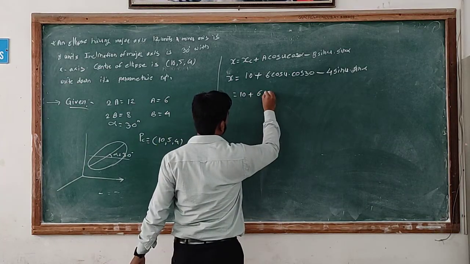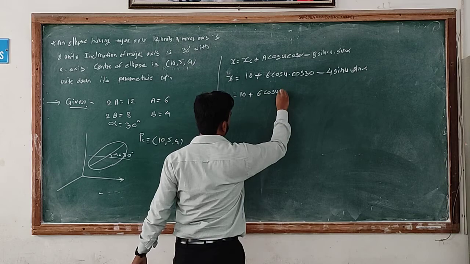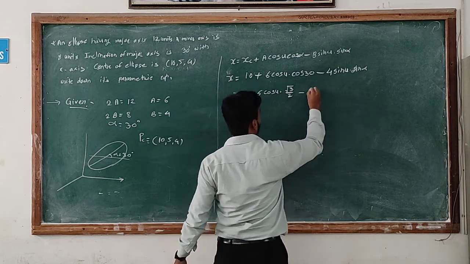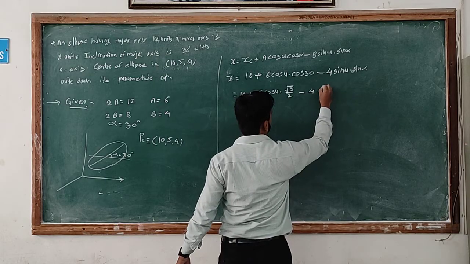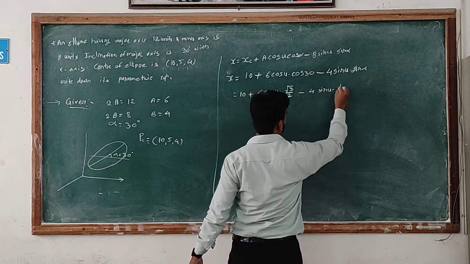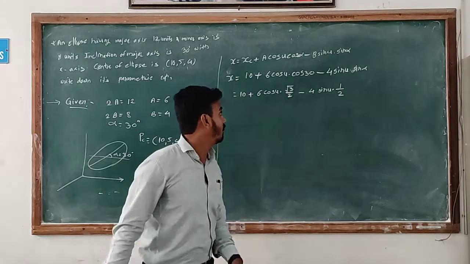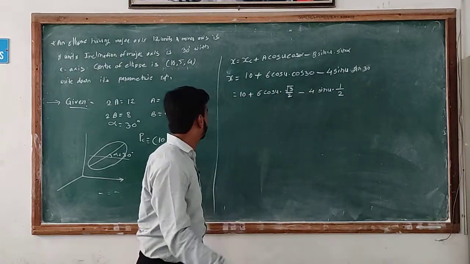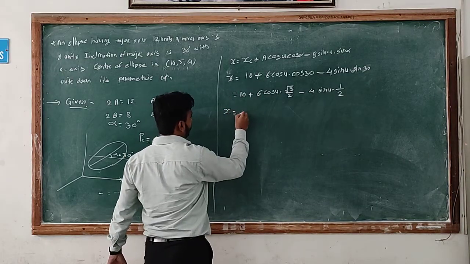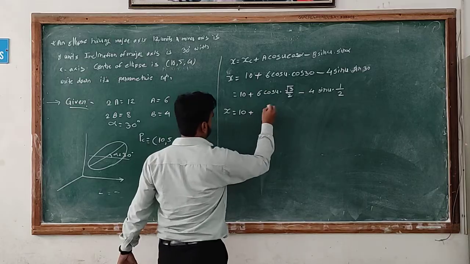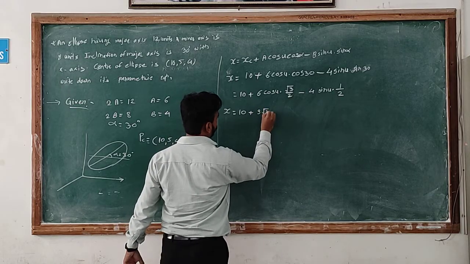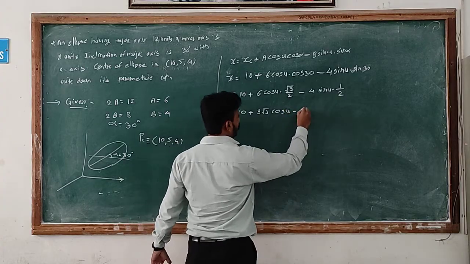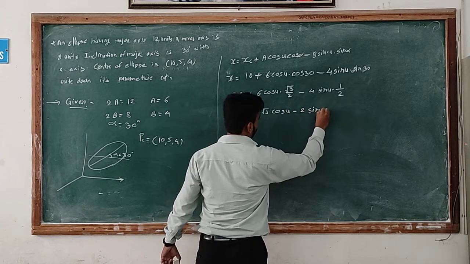So 6 cos u into root 3 by 2 minus 4 sin u, and the value of sin alpha, where alpha is 30, is 1/2. So x is equal to 10 plus 3 root 3 cos u minus 2 sin u.